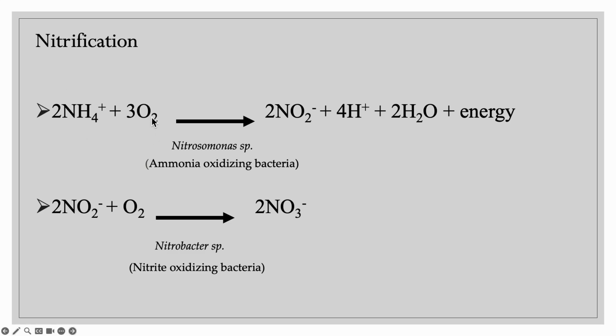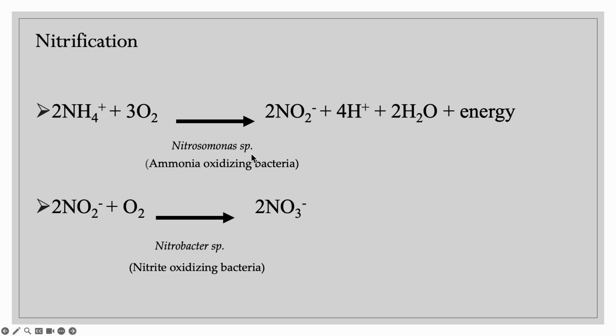Now, in a sandy soil, we would expect this reaction to happen much quicker because there is more oxygen in those pore spaces. We have macro pore spaces, and water drains very quickly through sandy soils.